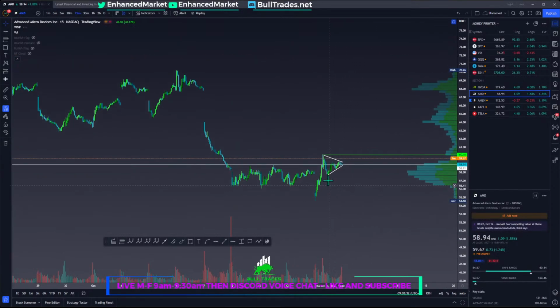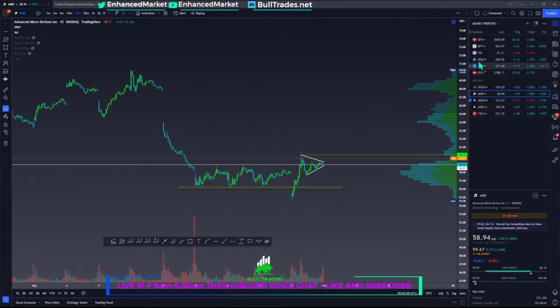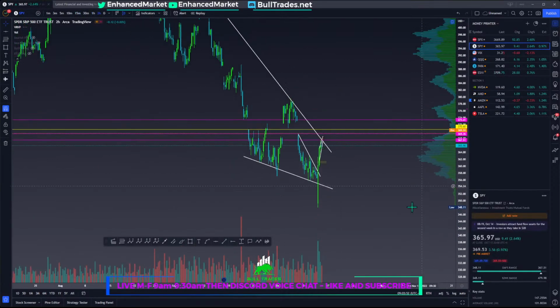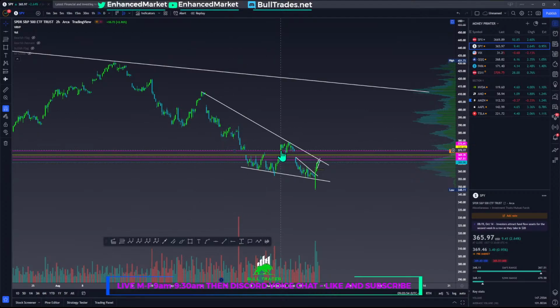AMD, same thing. Great bull flag. Nice fake out before a potential breakout. Previous support, previous support, previous support. We opened below and we rallied up right back into the zone, and now we're flagging. Typical price action. If we look at SPY, the larger time frame here, look at this flag that we have.